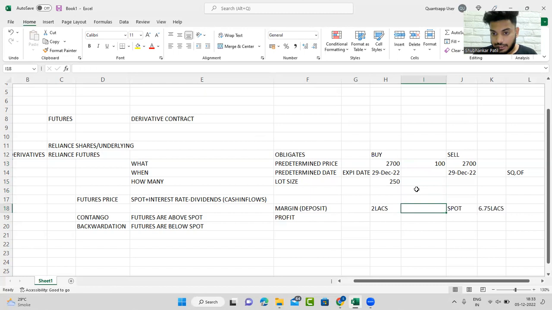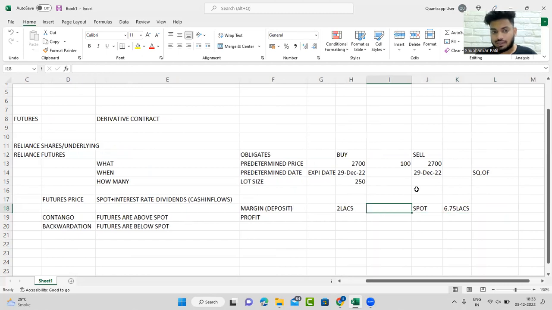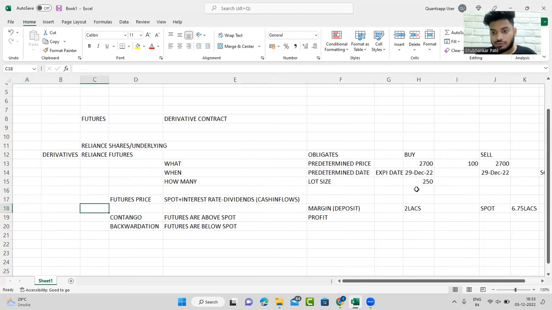You have 2 lakh rupees, and the money required in the spot case is 6.75 lakh rupees. Now you can at least buy three futures with that money, and you can keep the rest to maintain your mark to margin. So let's say you bought three futures contracts.